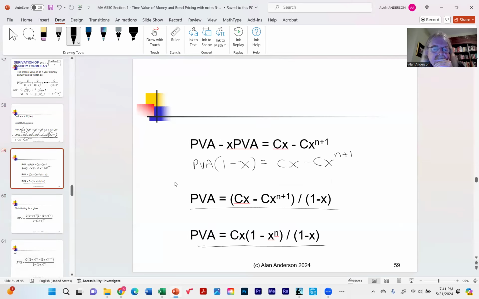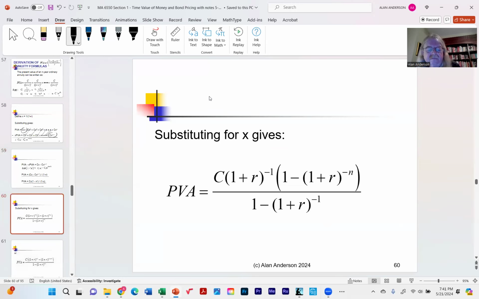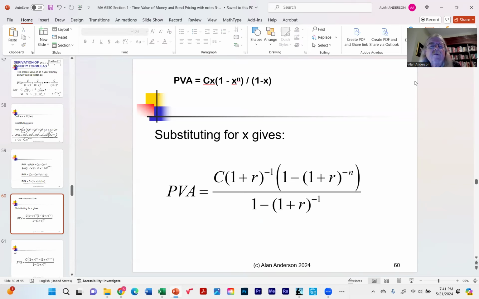So actually, I'm going to copy this to the next slide so we can see it better. And remember, x is defined to be equal to 1 over 1 plus r.